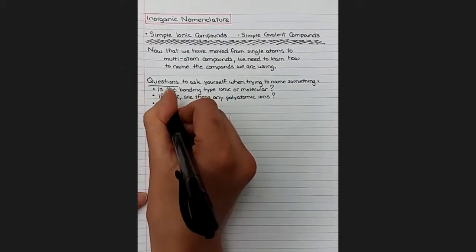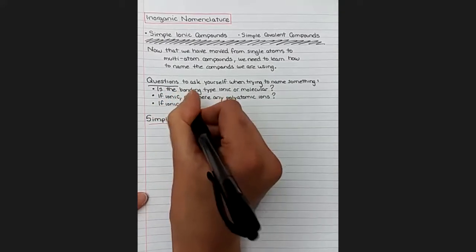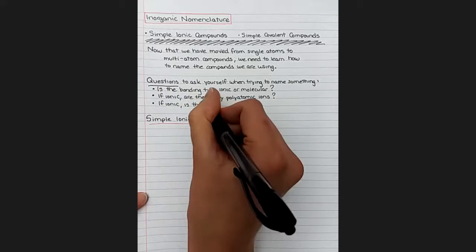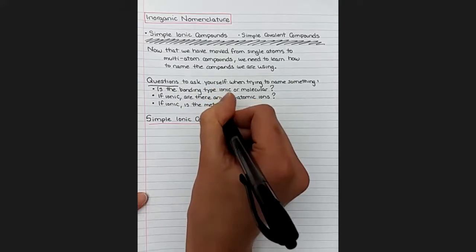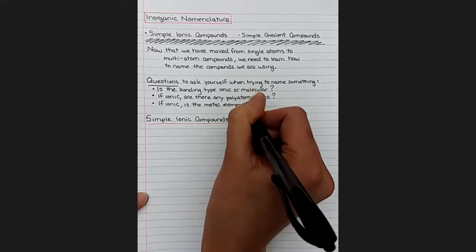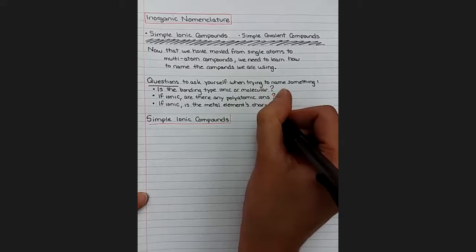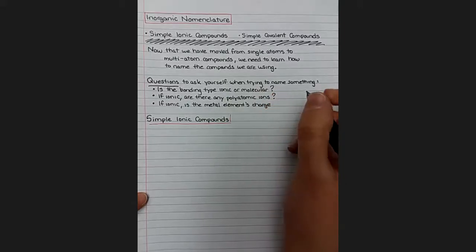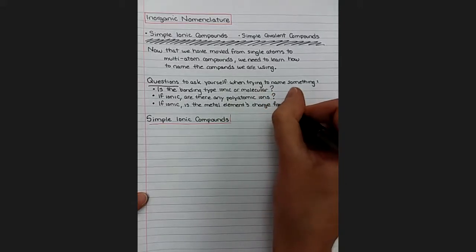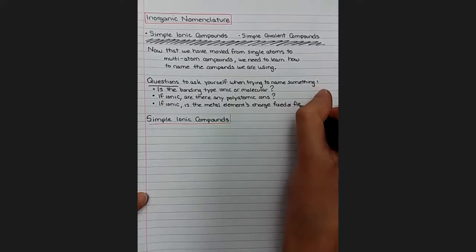And the other question for ionic compounds is about the metal. Because remember, in an ionic compound, one of the ions is always a metal, and one of them is always a non-metal. So we're going to ask ourselves, is the metal element's charge fixed or flexible?